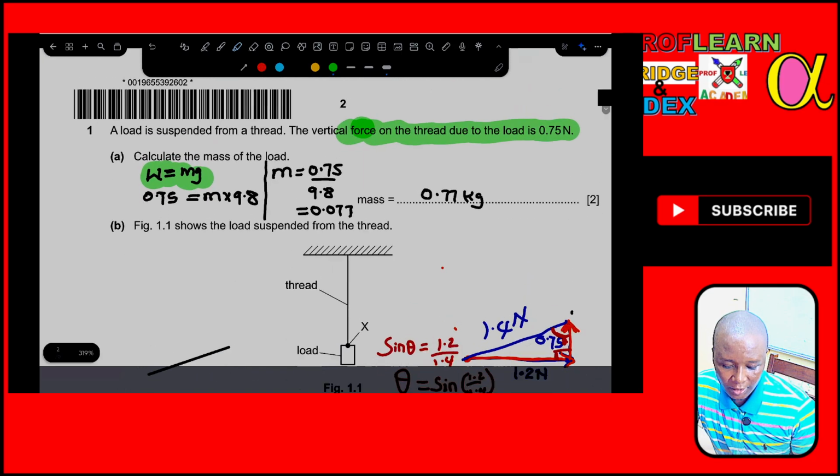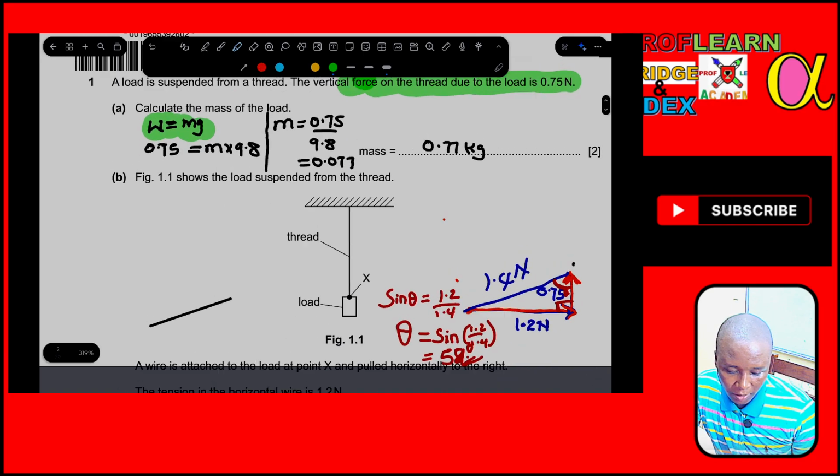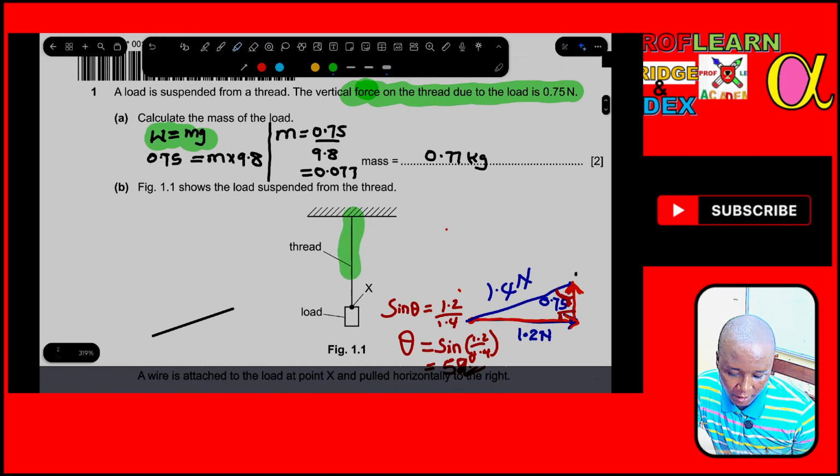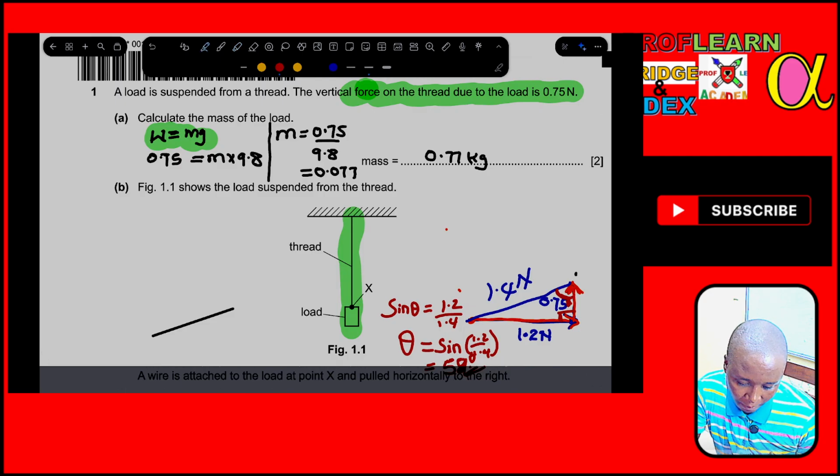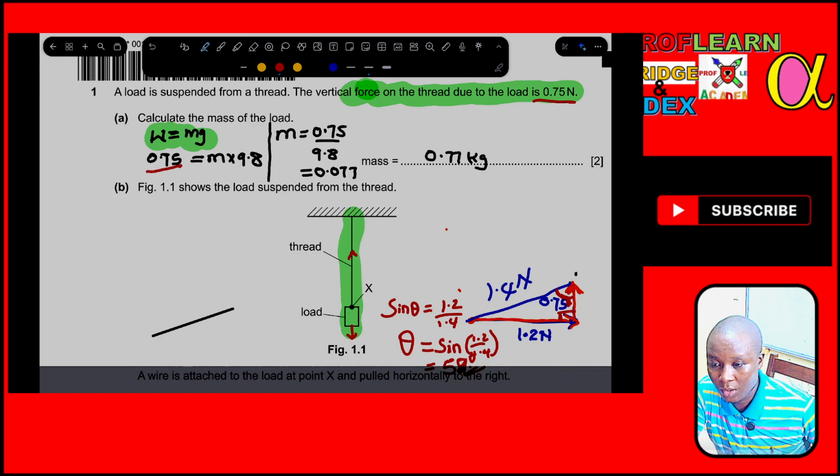because this object is suspended, it means that the weight and the tension force, remember the tension force will be acting upward and the weight of the object will be acting down. When this object is at equilibrium or is balanced, it means the two forces are balanced. So if you know the tension, then you know the weight, and our weight is going to be equal to the tension.